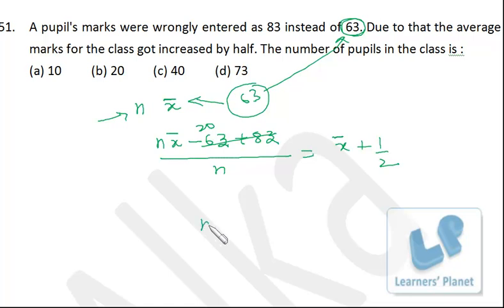So nx bar by n plus 20 by n is equal to x bar plus half. Sorry, this is plus 83 minus 63, which is positive 20. So n is equal to 40. So there were 40 students.